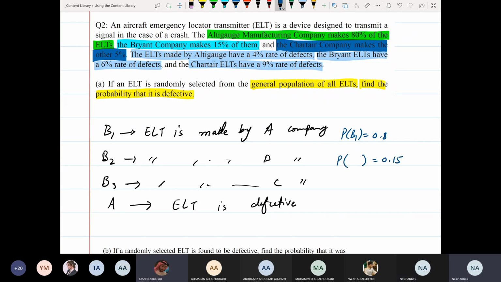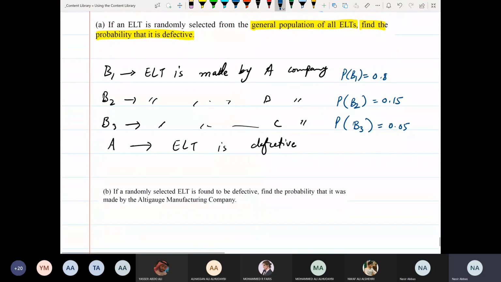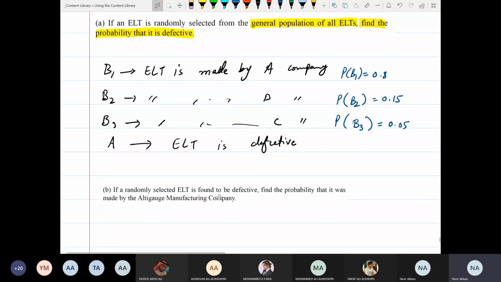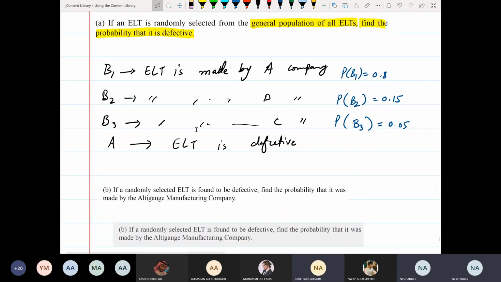It is the probability that B company makes 15% of them. In terms of event? B2. Muhammad Faris, what is 0.05? Probability of B3. Naif, what is 0.04? Can you go up, please, to read the question? Yes.